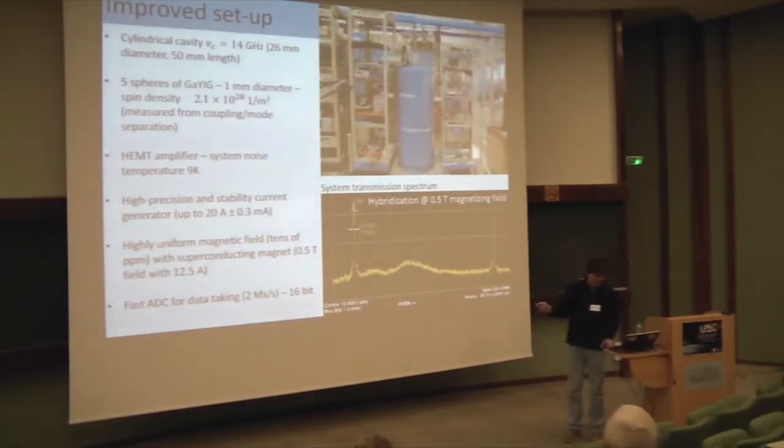We put inside 5 spheres of GaYIG, which is a little variant of YIG. Actually, it's just with some gallium impurities. We have a very good amplifier, but still a linear amplifier, and a highly uniform magnetic field. And this is, for example, the hybridization that we see at 0.5 Tesla, corresponding to the 14 gigahertz Larmor frequency.